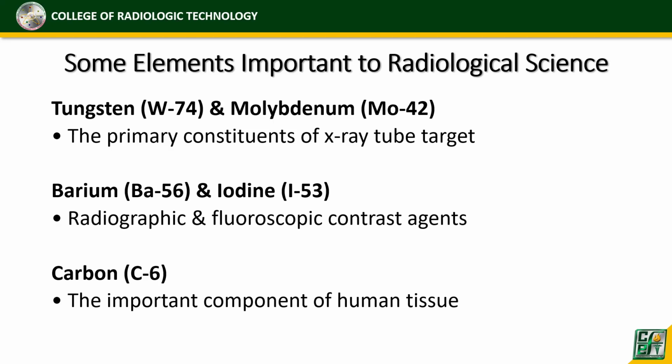Okay, so that is tungsten. It's made of tungsten. Actually, it's thoriated tungsten. So tungsten with the symbol of W and atomic number of 74, and molybdenum, okay, chemical symbol of MO and atomic number of 42.